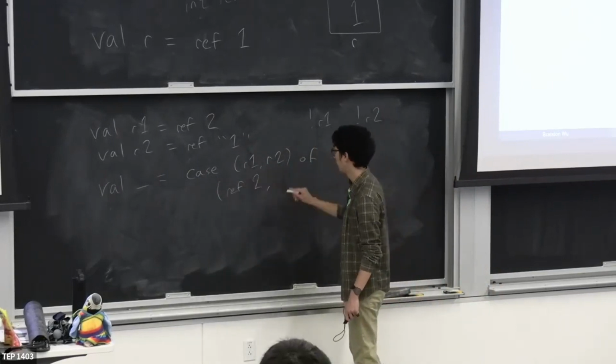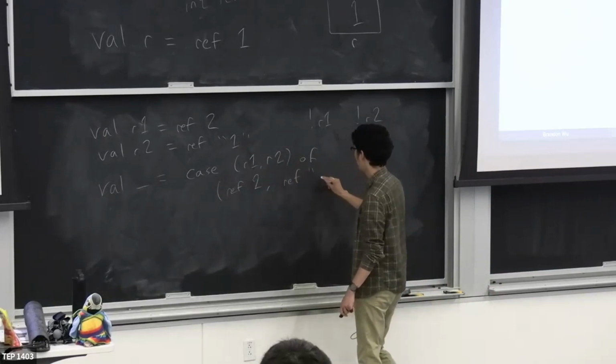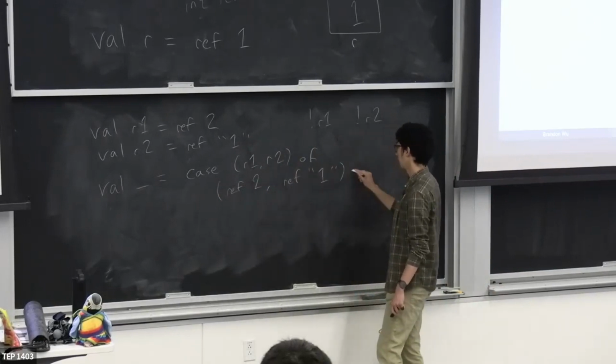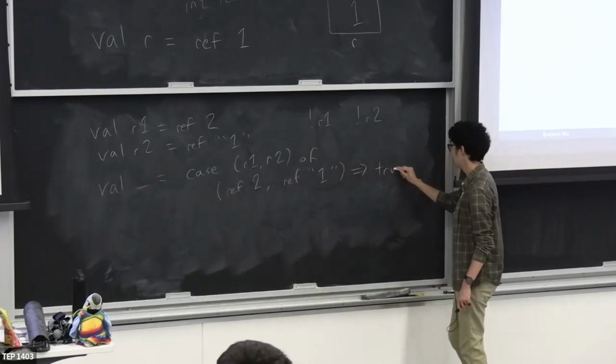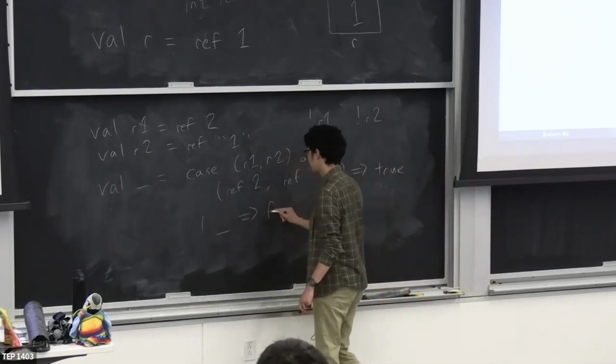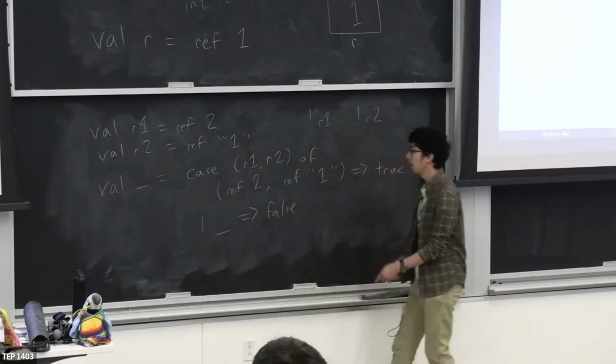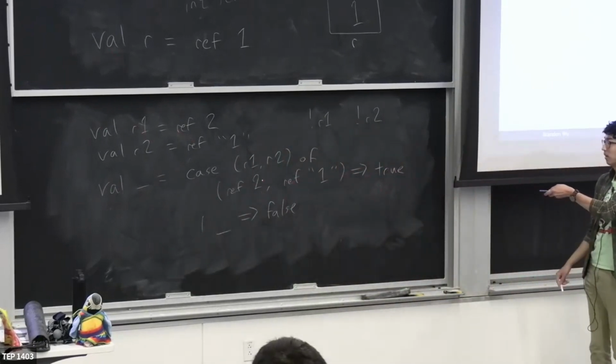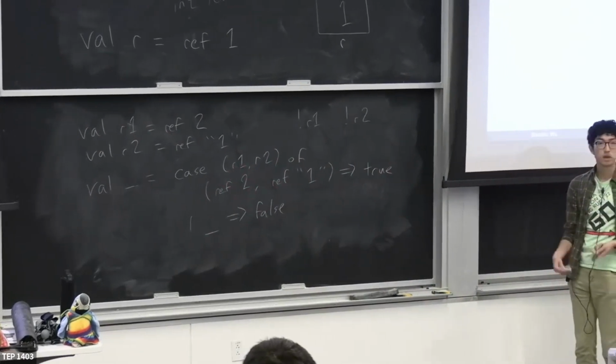So in this case, it'd be ref of 2, and then ref of string 1 goes to true. If it's not that, let's say it goes to false. This code that I have written on the board verbatim will always go to the true case, because I'm implicitly dereferencing R1 and R2 via pattern matching. That's all that's happening.